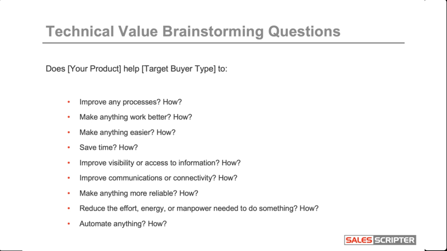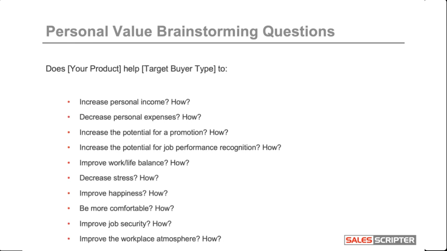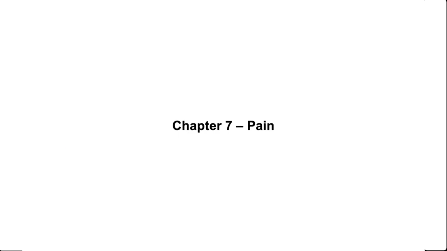But here are questions you can ask yourself to think of different ways that your product can help from a technical standpoint. Here are some questions you can ask yourself to think of business improvements that your product might deliver. And here are some questions you can ask to think about different ways that your product might help the buyer at a personal level.